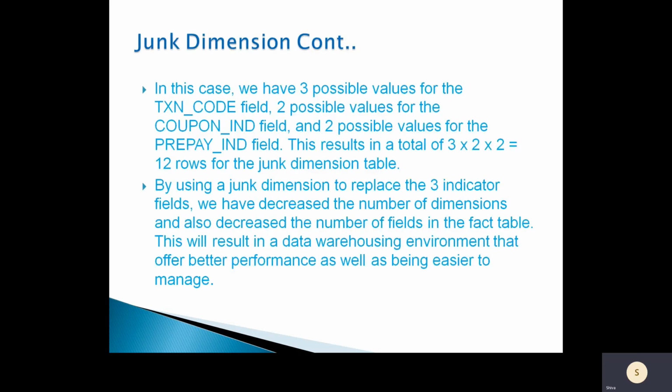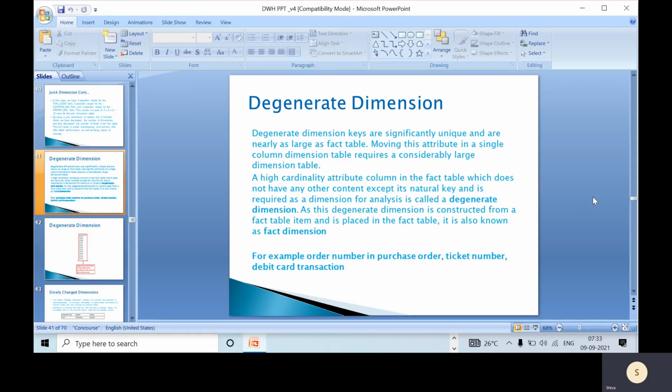And next one is the degenerate dimension. Degenerate dimensions are significantly unique and nearly as large as the fact table. It's like a unique key, an important column in the fact table. From the fact table, we will split it and create a separate table. That separate table we can call a degenerate dimension, where that field is more important.